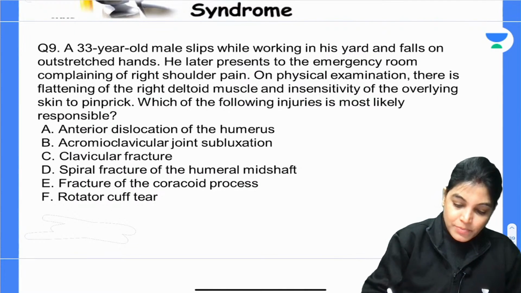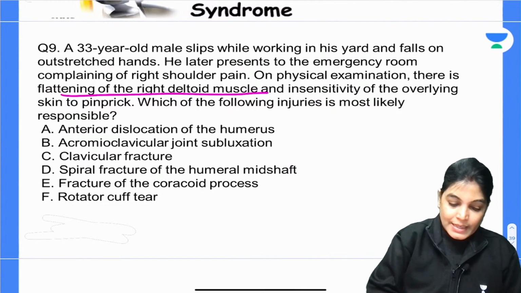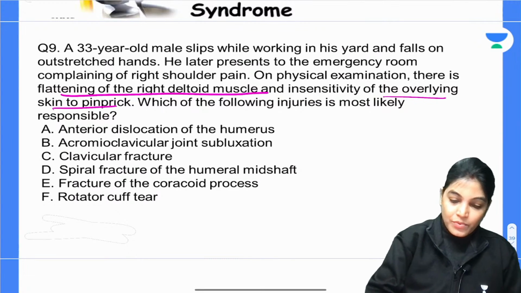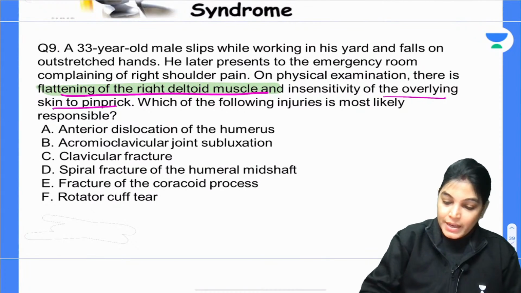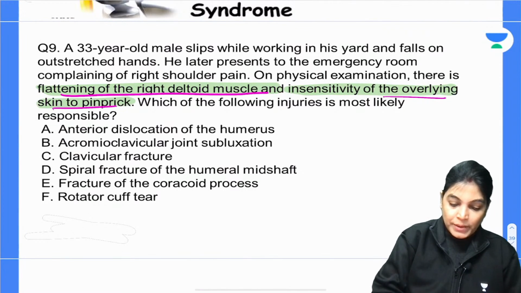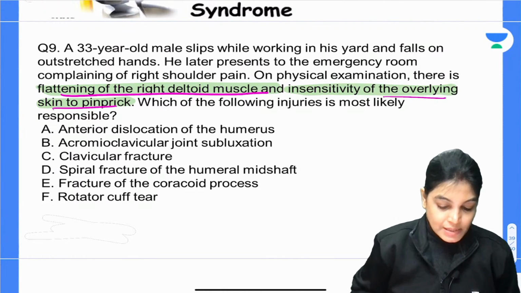So the key points mentioned here are flattening of the right deltoid muscle and insensitivity of the skin to pain prick in this area. So which of the following is most likely responsible for this condition?